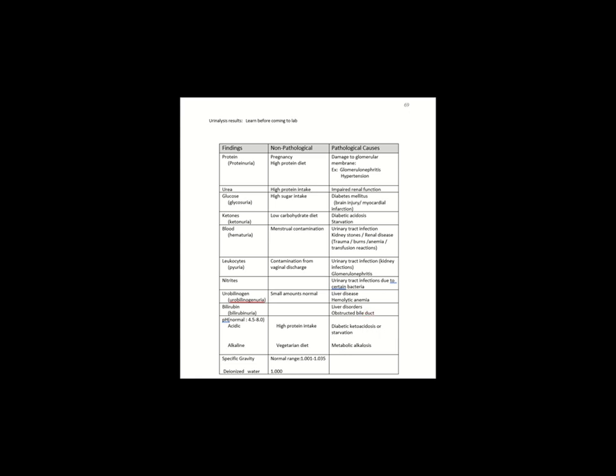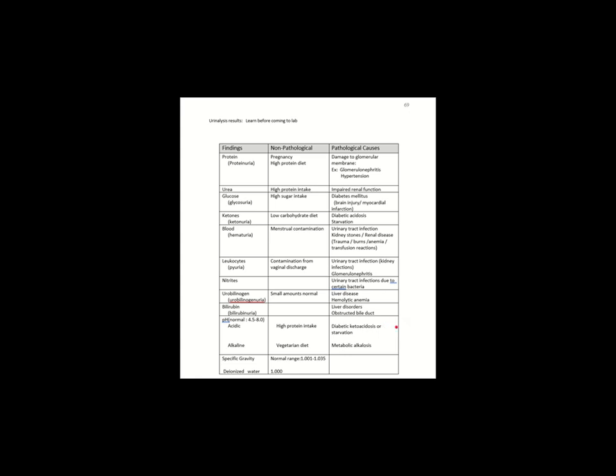The last two are just telling us the pH of the urine and the specific gravity of the urine. So the pH of urine should be anywhere between 4.5 to 8.0. So it's got a very broad range. If it's a little more acidic, that could be due to high protein intake. What is protein made of? Amino acids. Acids could make your urine a little bit more acidic.